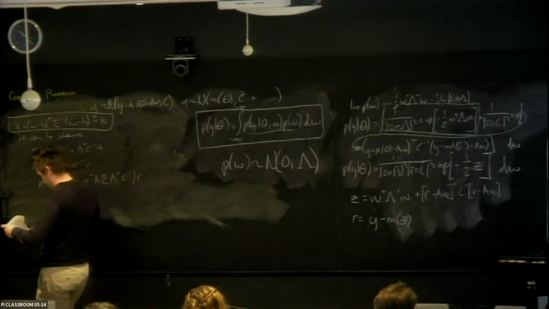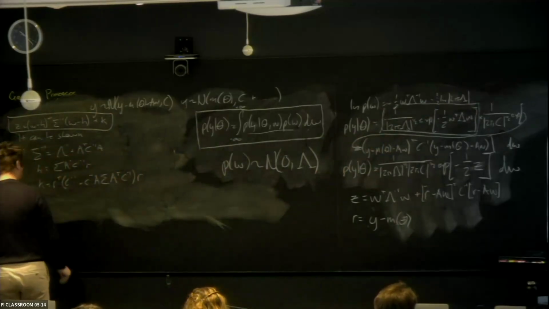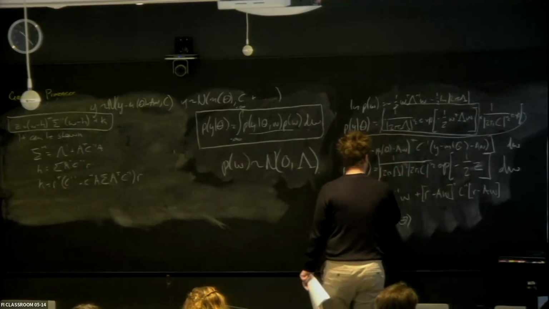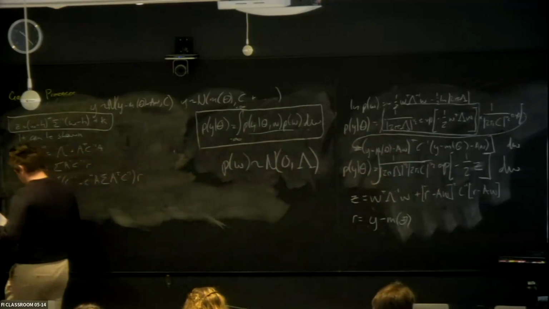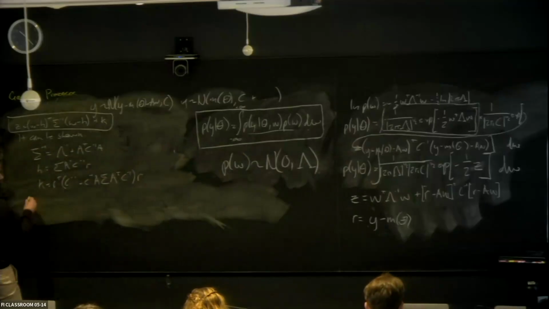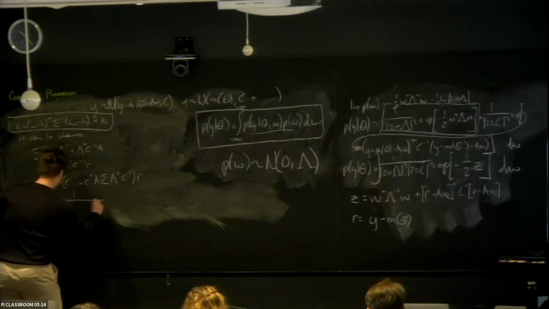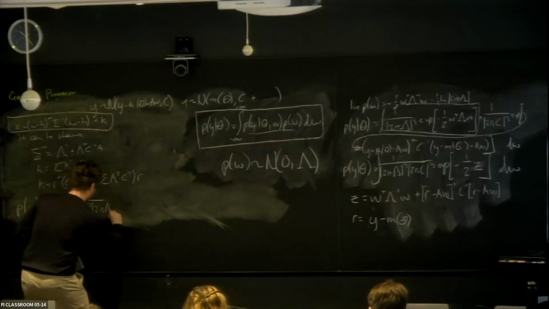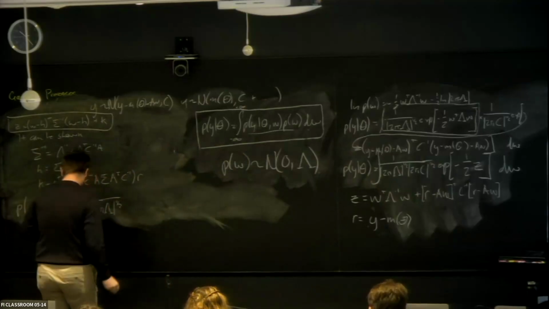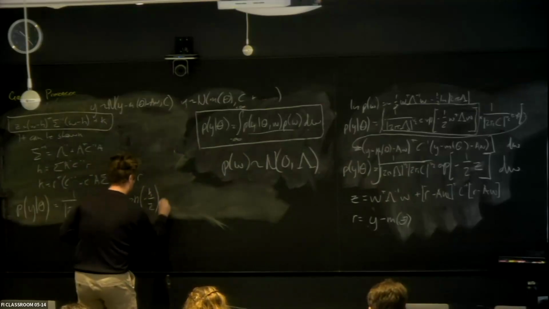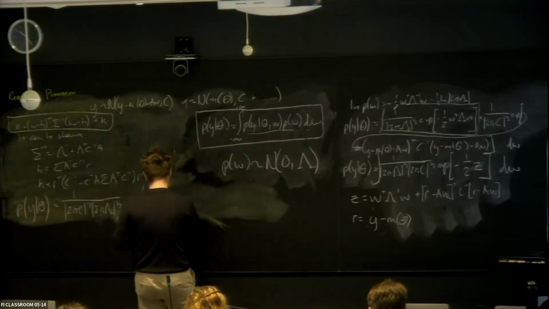I'll write it out. Except we missed an integral there. At the end, you get something that's lovely. So we'll do it here. A does not depend on W, that's why it's on the outside.